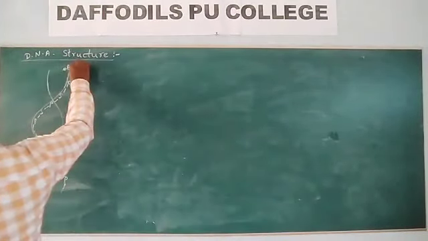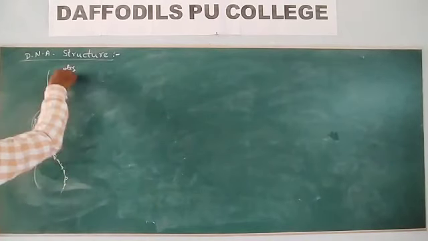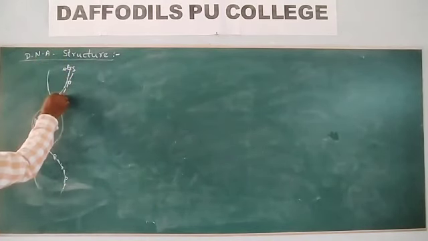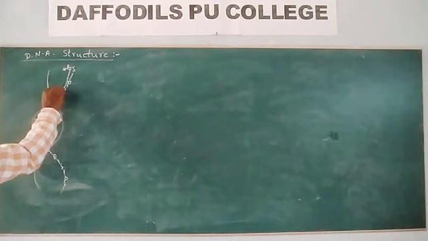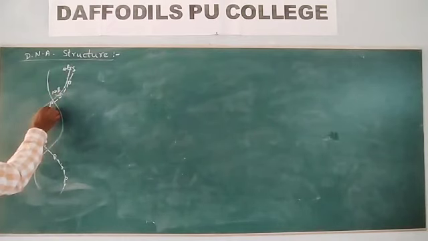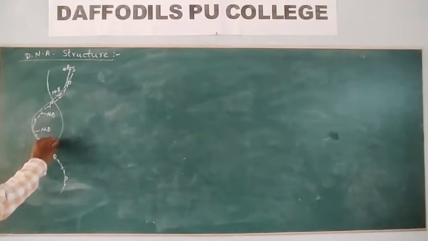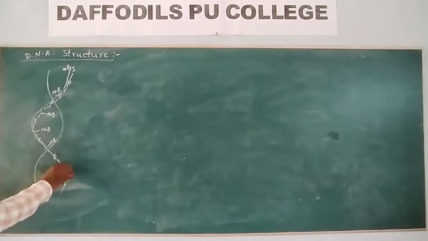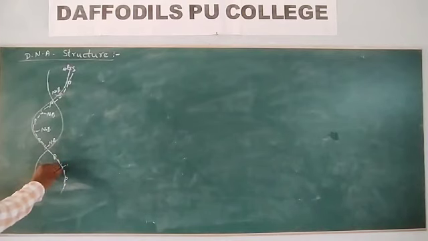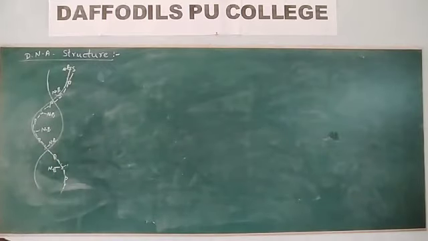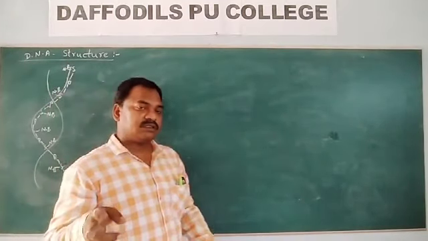So this is the sugar, this is the phosphate, and this is the nitrogen base. Every sugar is bonded with a nitrogen base and a phosphate. Here also a nitrogen base is present. So DNA contains how many strands? DNA contains 2 strands.